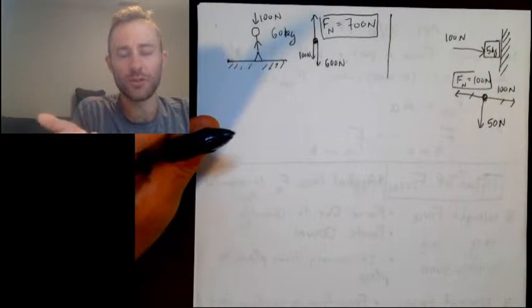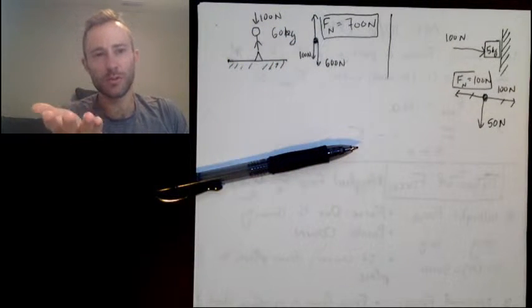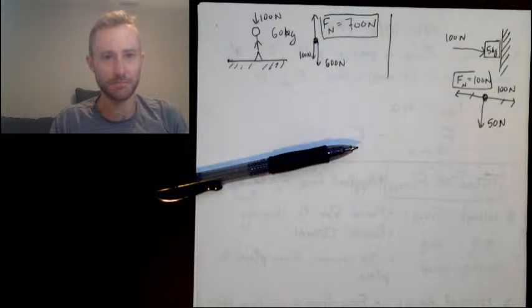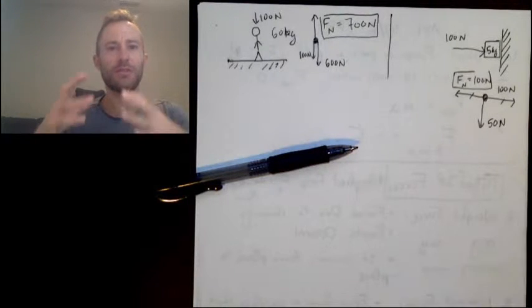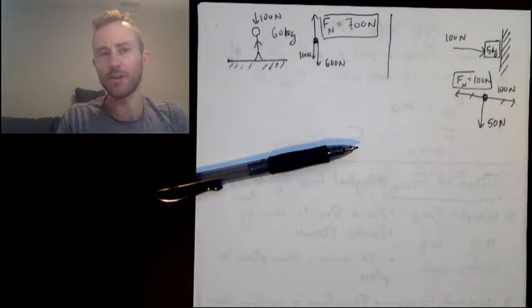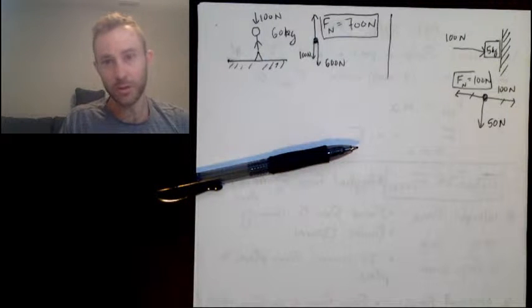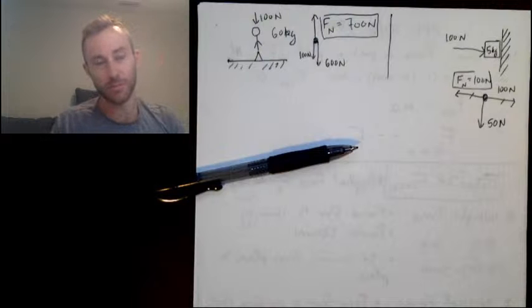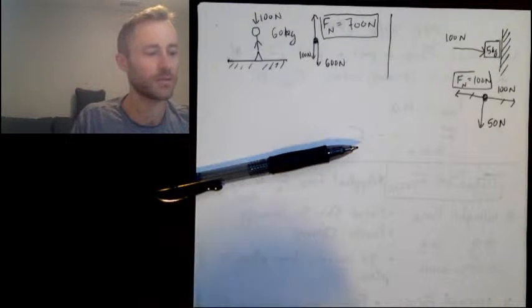So a really strong surface can exert a really big normal force before it collapses. So different surfaces have different maximum normal forces that they can apply. Okay? A glass window, for example, is going to have a relatively small normal force that it can provide before it shatters. So I hope that answers your question.